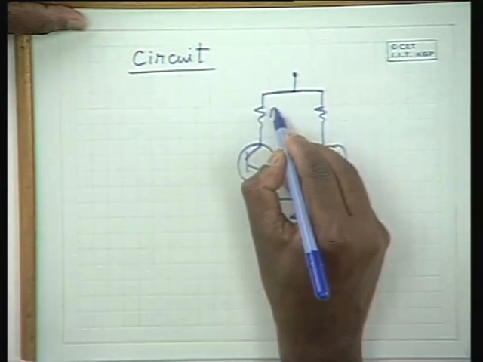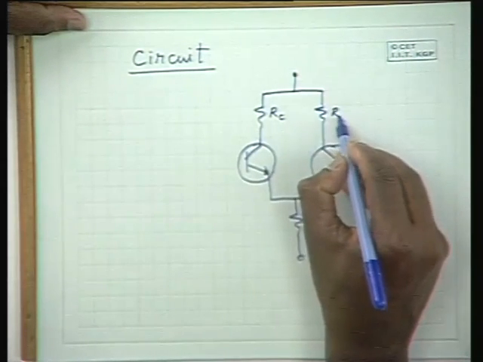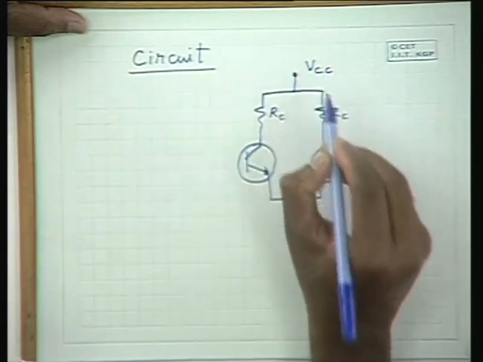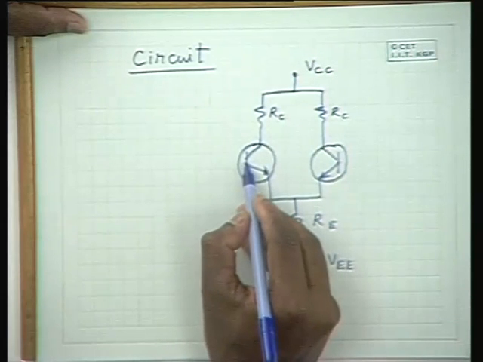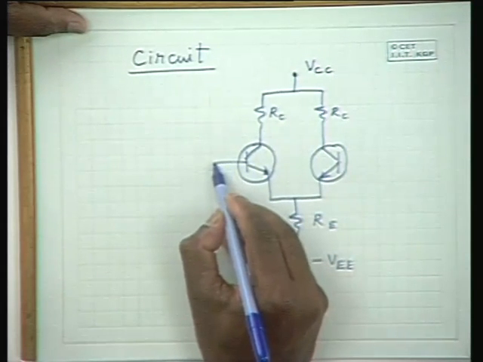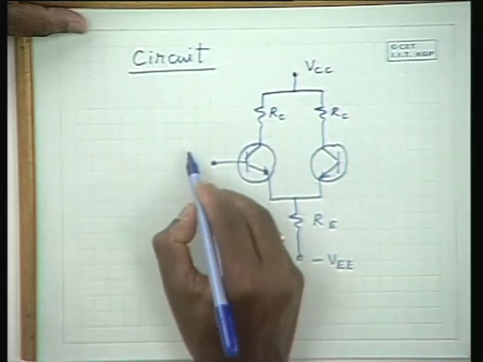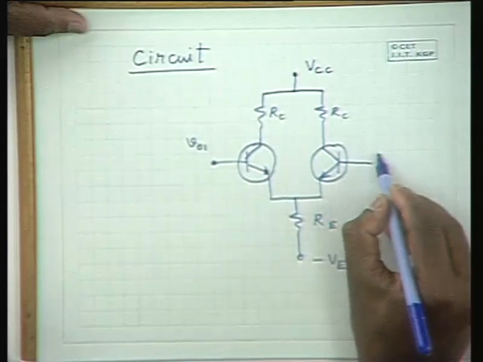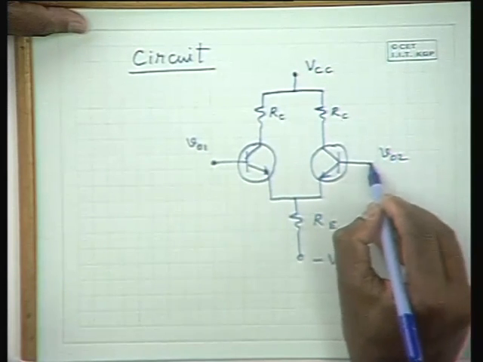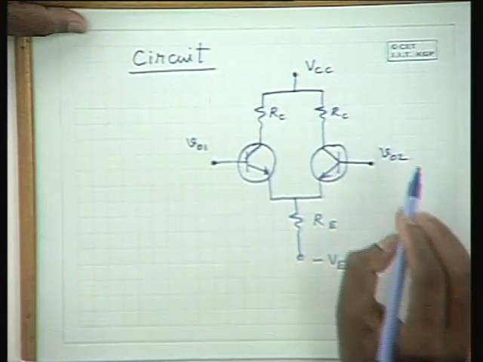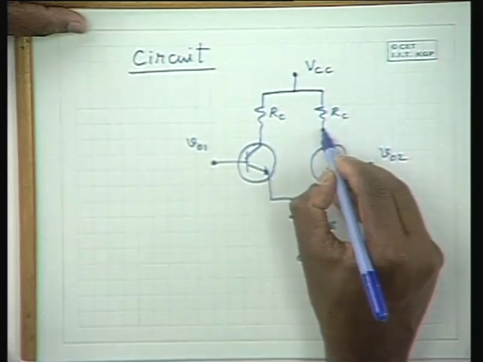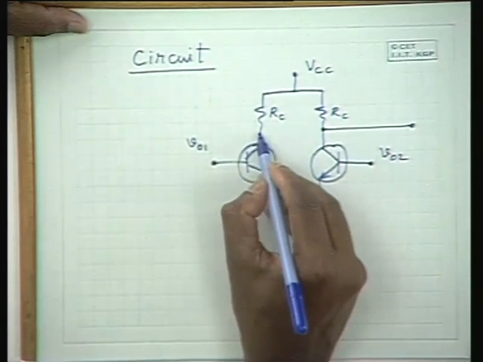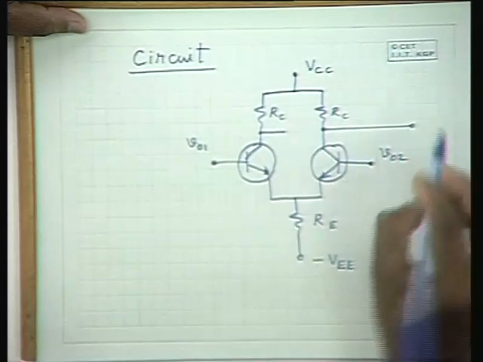through respective collector resistances connected to the supply VCC, and apply the input here, one input here, apply the second input here, VO2, and you take the output either from this collector or this collector.